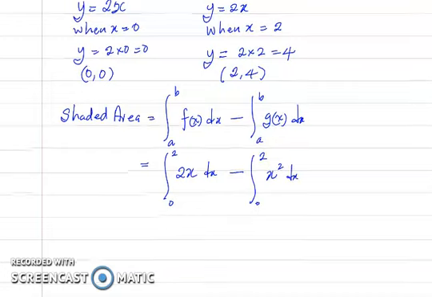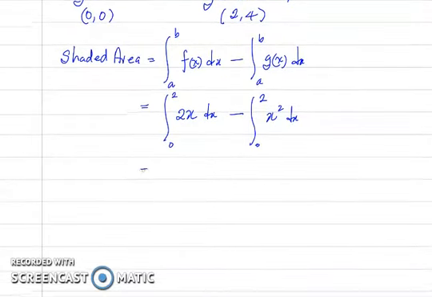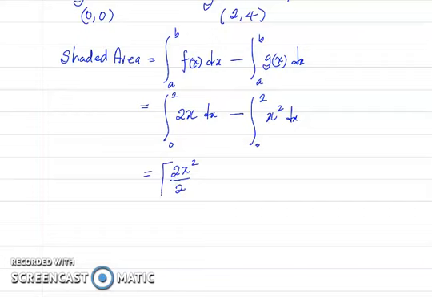All right, so let's integrate. If we integrate, we're going to get 2x squared over 2, within the limits from 0 to 2, minus x cubed over 3, again within the limits from 0 to 2.